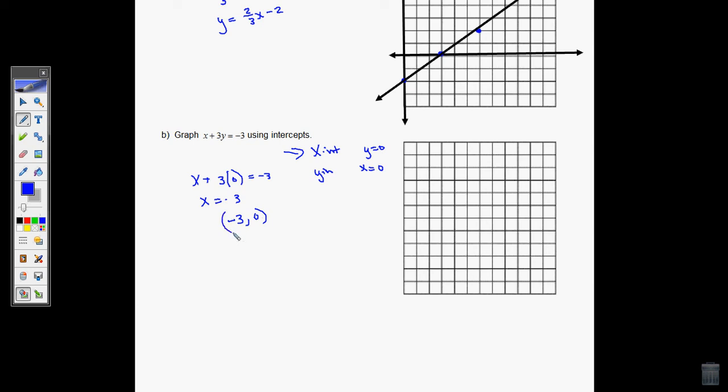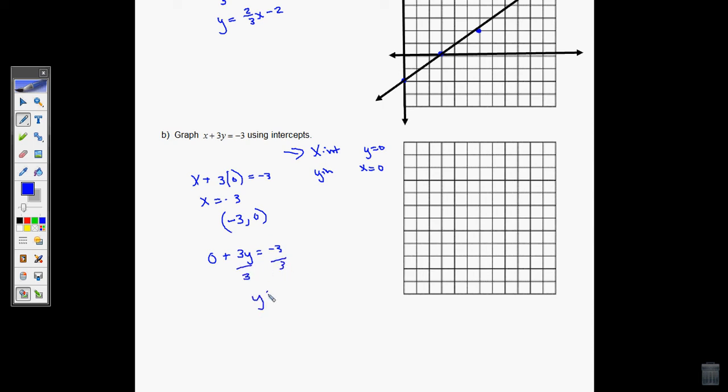And that's my x-intercept. I could also do the exact same thing to find the y-intercept. I could say, okay, the y-intercept means that x equals 0. So if x equals 0, then why don't I put that in? 0 plus 3y equals -3. So that just means I have to divide by 3.